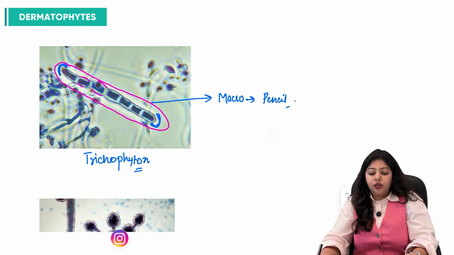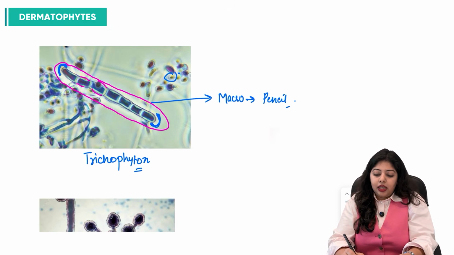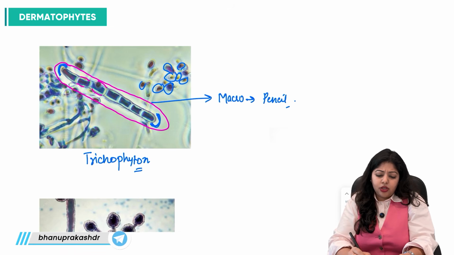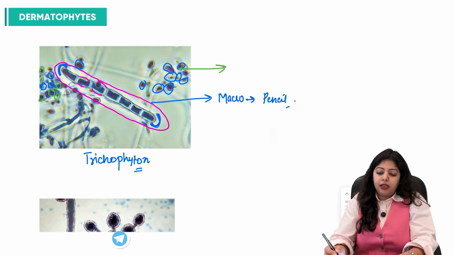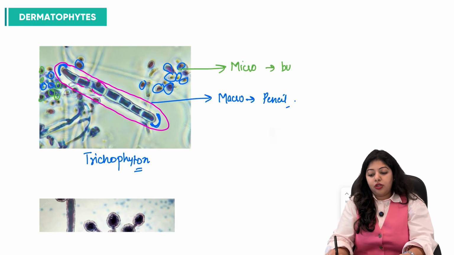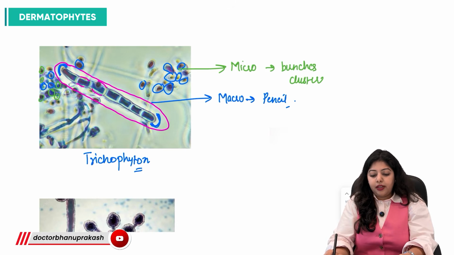And also, can you appreciate these blurred out structures, some small structures which are present in bunches? I think all of us are able to appreciate these. These are nothing but the microconidia, and these are present as bunches or as clusters, right?